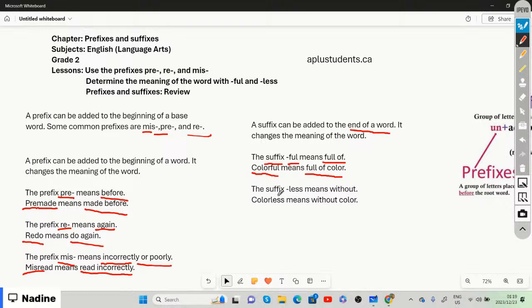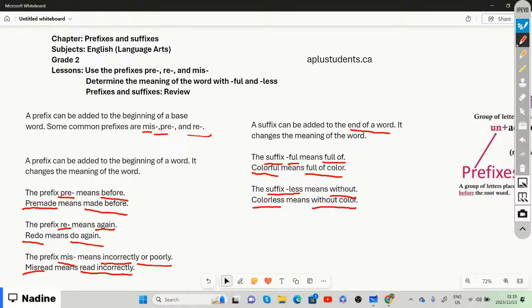Then we have the suffix less. It's written less, but the way you say it, it's like less. So the suffix less means without. For example, colorless means without color. Do you see the difference in those two words?